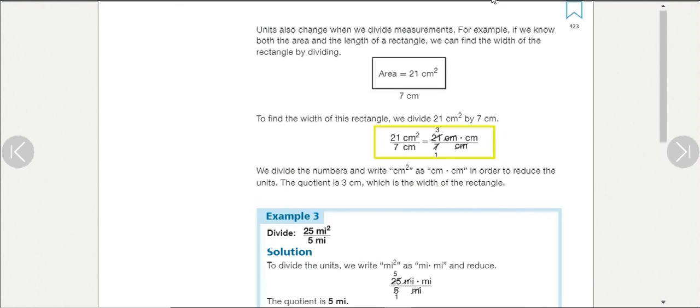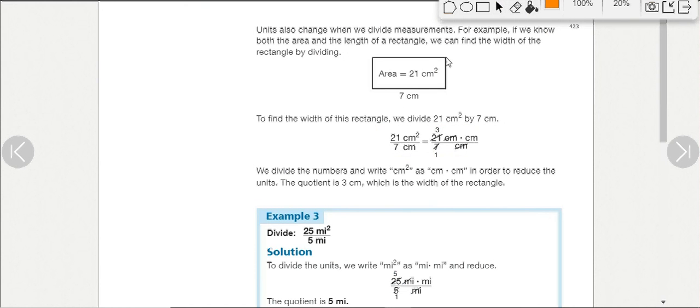Now when you divide the units too. We divided an area measure, square centimeters, by a length measure, 7 just centimeters, not squared. So you can actually blast that out and show it's centimeters times centimeters, and you can do some crossing out. Make this a 3 and take out some centimeters to leave a centimeter here.